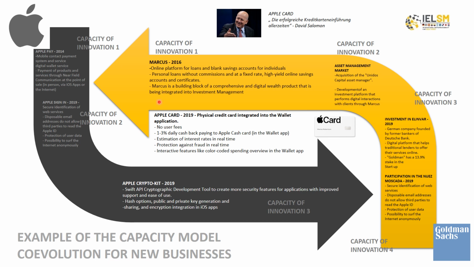I mean, coevolution is the combination of capability, capacity, technology, or the other resources that the company has and can combine with the other company.